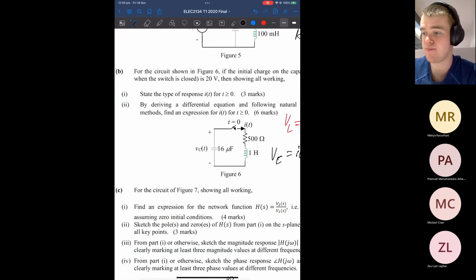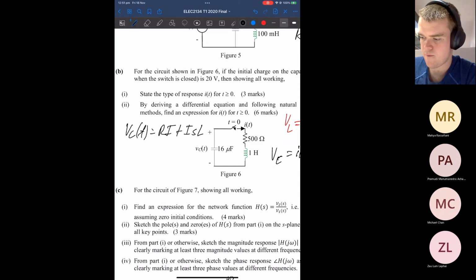Easiest way to check, Laplace transform. All right, so we would have Vc(t) is equal to R I plus I sL.